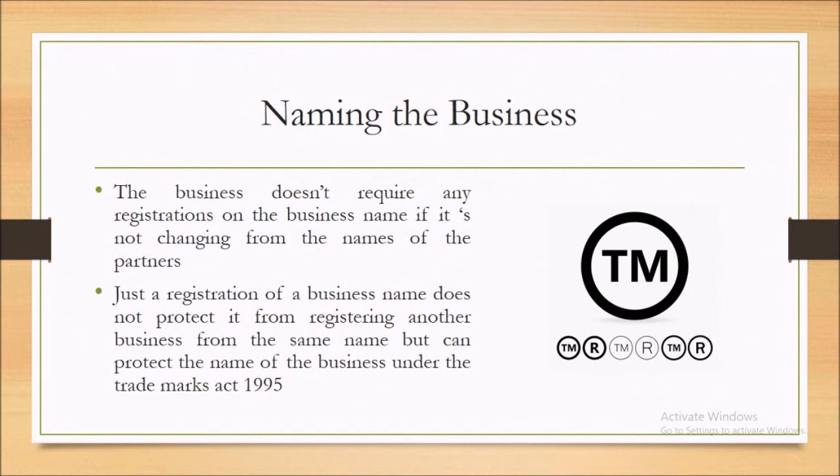So if the true names of the two partners are Thomson and Calculus, they don't want to register their name as a business name if they choose their own names in the business name. Let's say Thomson and Calculus Partners, right?